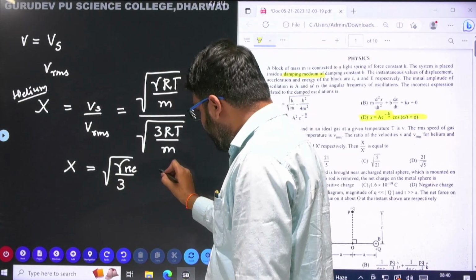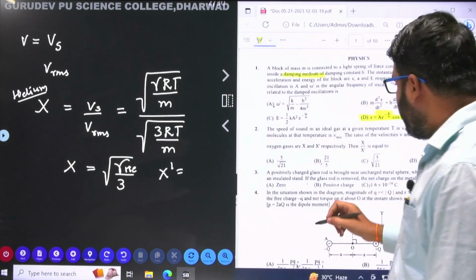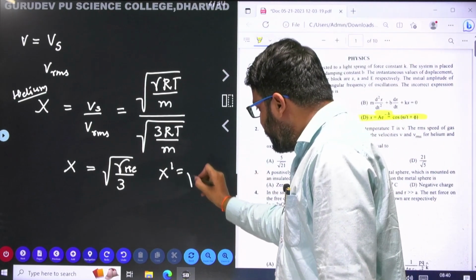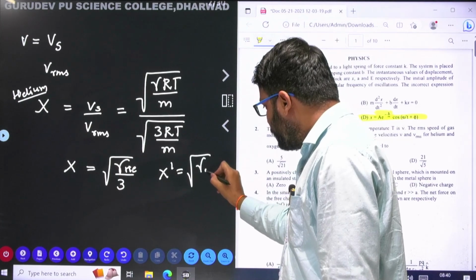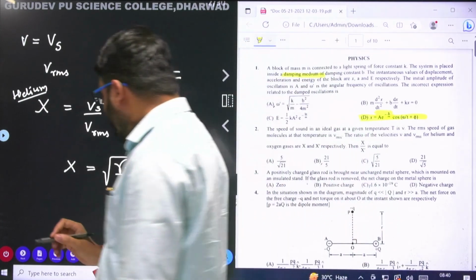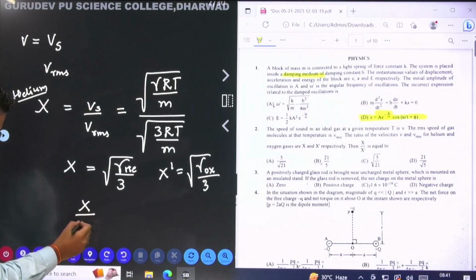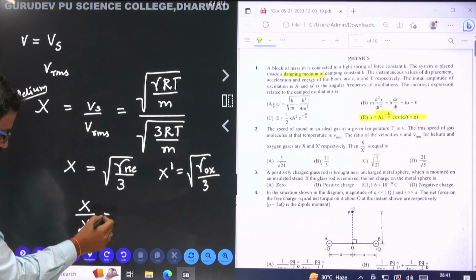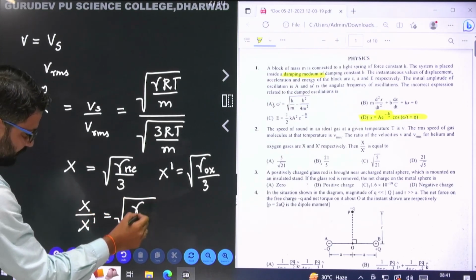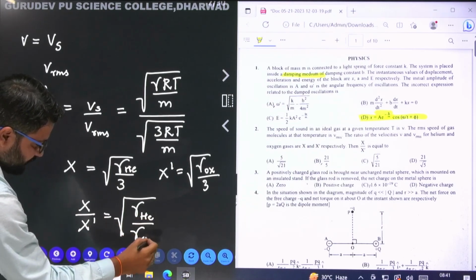Like this, X dash, which is given for oxygen, would come out to be root gamma of oxygen divided by 3. Simplifying in a very simple manner, X divided by X dash, which is asked of us, would come out to be root gamma of helium divided by gamma of oxygen.